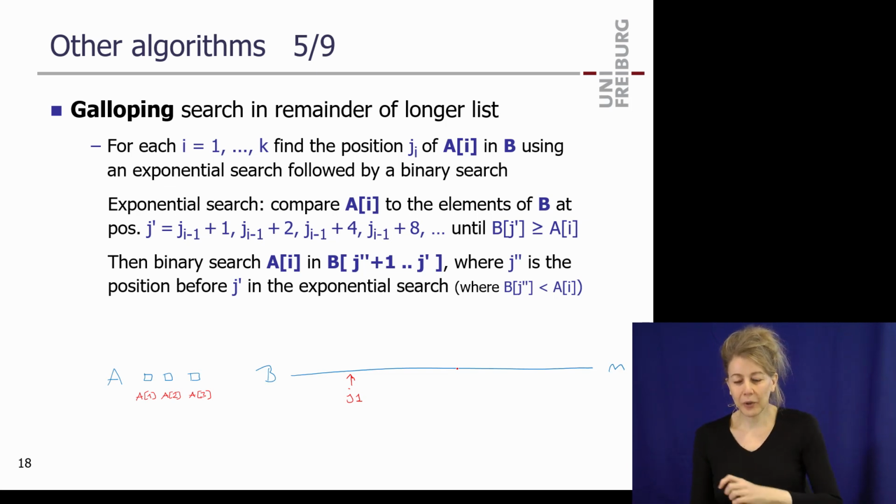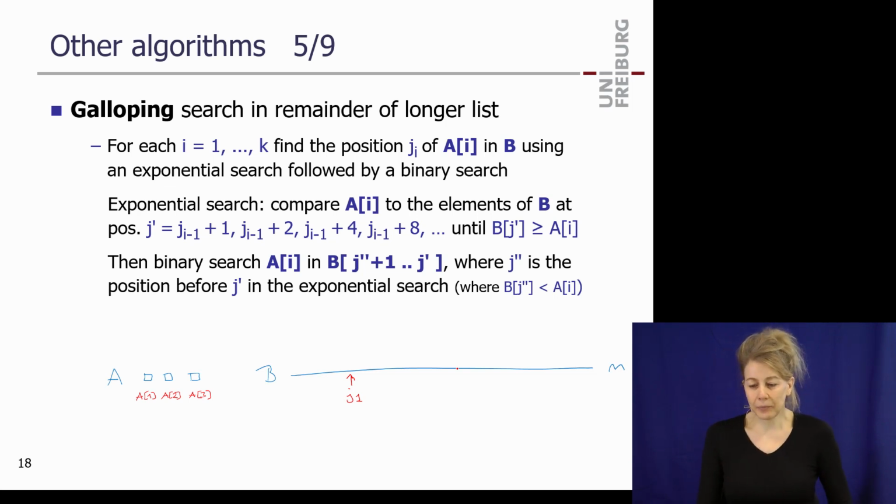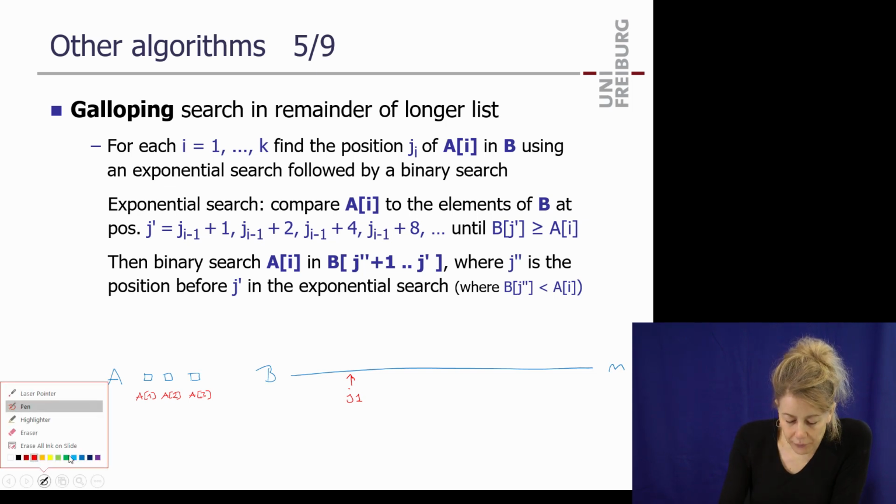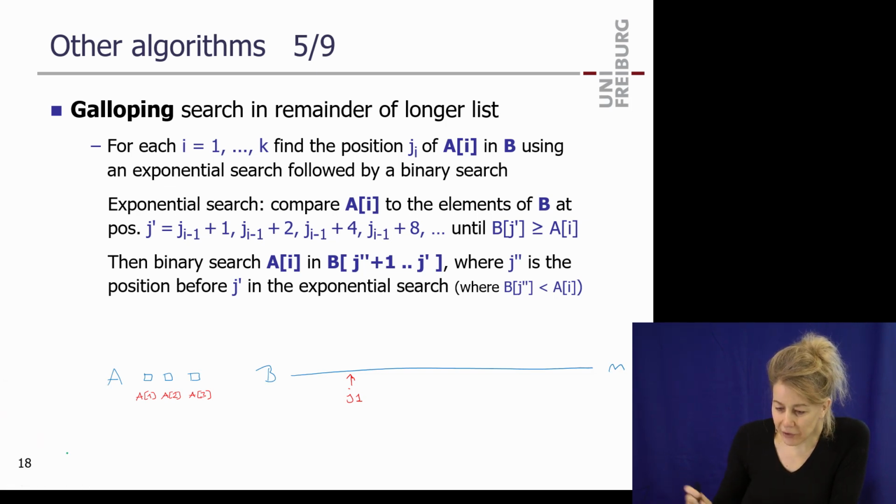So this is where A1 is located, and I want to find A2, but I don't want to do a binary search in the whole part. So I first do an exponential search. Let me draw it like this. So this here is now position J1 plus 1. And this is a jump of 2, so this is position J1 plus 2.